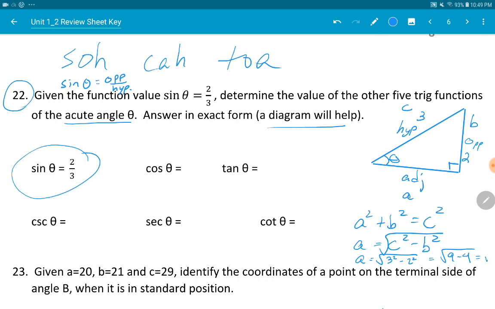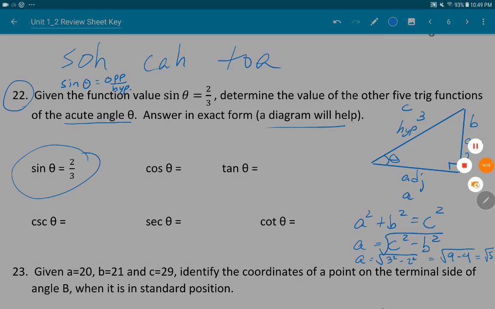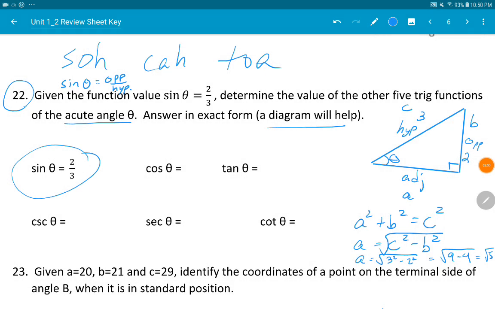Sorry. 9 minus 4 is 5, so it's the square root of 5. And that is prime, so that is as simple as we're going to get it. So we have this side equals radical 5.